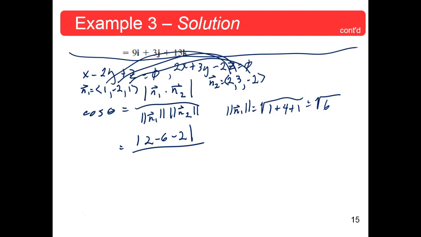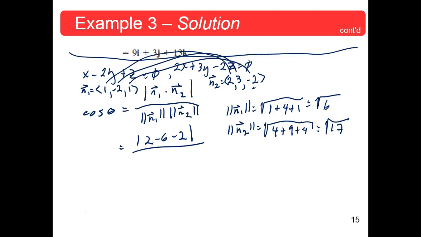Right? Magnitude of n1. Magnitude of n2 is what? The square root of? A little louder. 4 plus 9 plus what? 4, isn't it? Yeah, 4. Okay. So that would be 8 plus 9. That's the square root of 17, one of my favorite numbers.